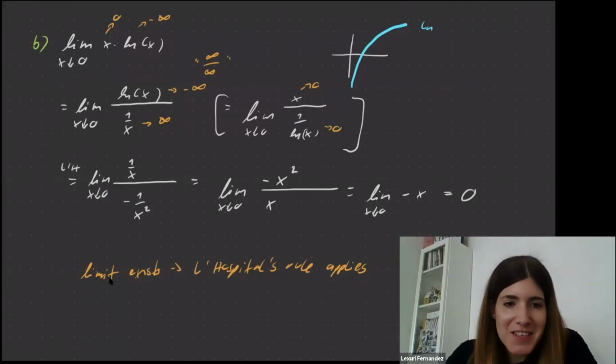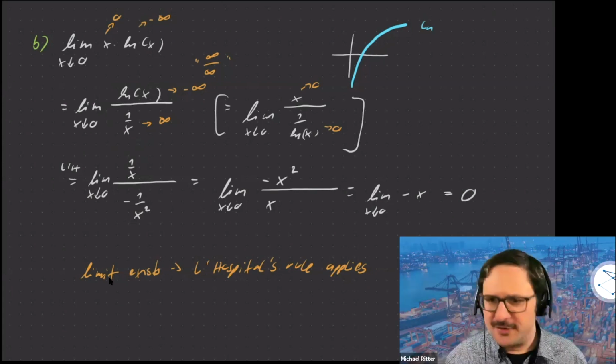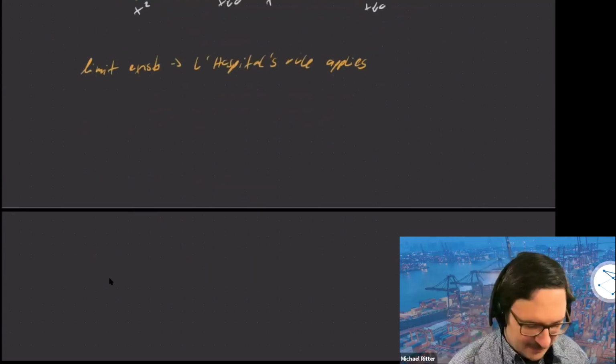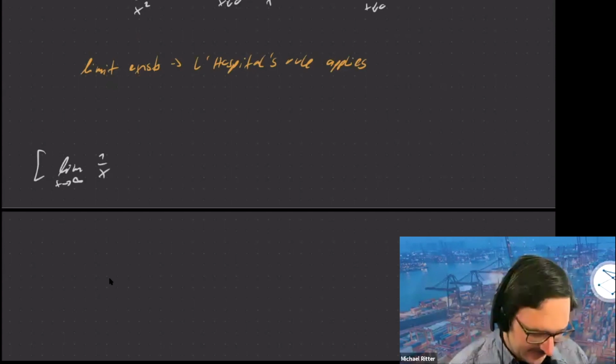Now there is an interesting question. Would it be possible to say that 0 times minus infinity equals 0 because something multiplied with 0 is 0? That's not necessarily true in the limit. So consider something like the limit of, let's say, 1 over x. Let's say x tends to infinity, so 1 over x surely tends to 0.